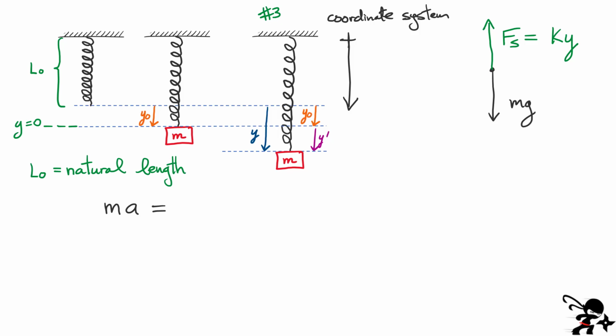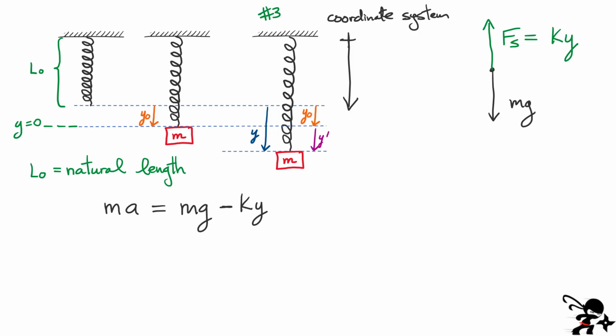I have to add up all the forces. So there are two forces. I have the weight mg acting down, and I'm going to put a negative sign because this force is acting up, and it's k times y. All right, nothing miraculous here, right? This is just adding up the forces. F net equals ma.